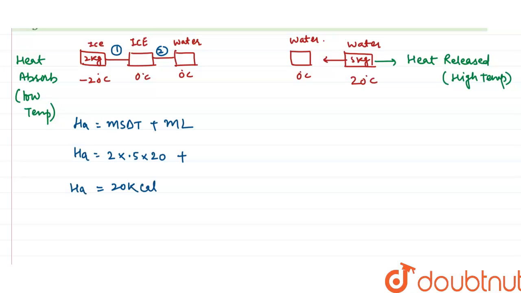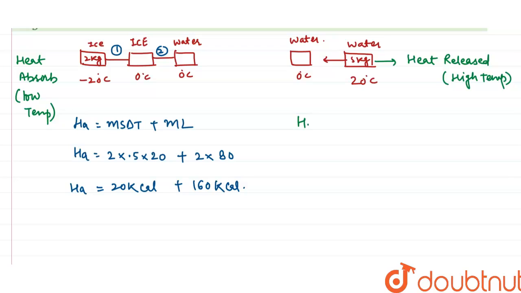So for this step, the heat required to raise ice temperature is 20 kilocalorie. And for the second step, in which my ice is converted into water, the heat required is m which is 2, into latent heat of fusion which is 80, so this is 160 kilocalorie. Now we have to calculate the heat released by the water.